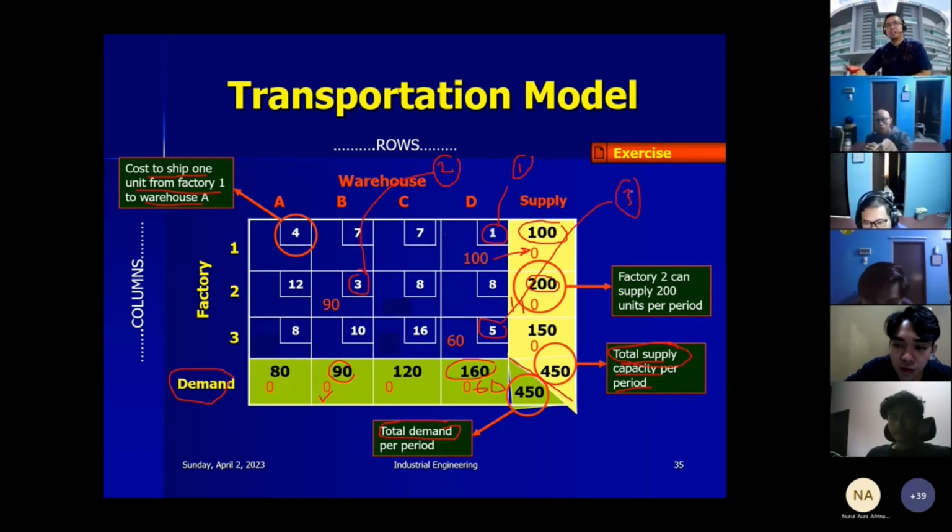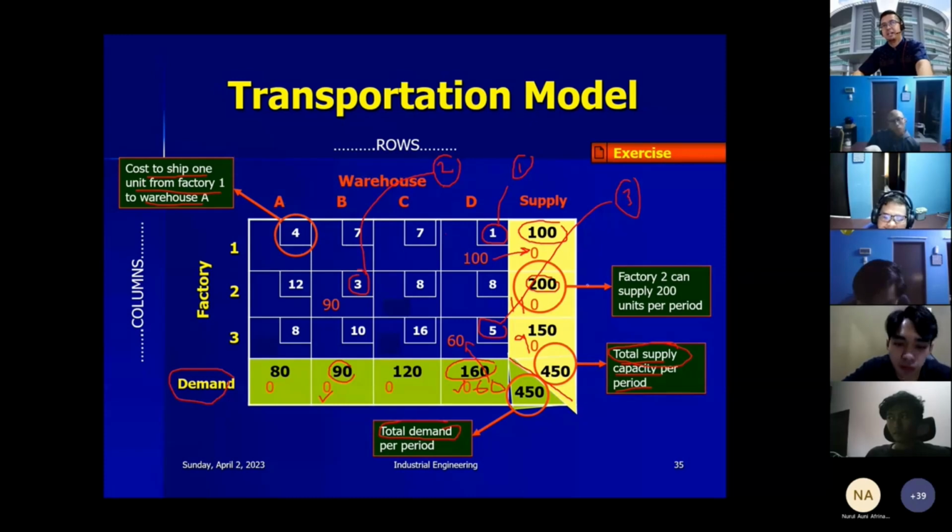So number 3. Look at the balance. What is the balance we have here? 60. So put 60 here. 60 minus 60, you will get 0. And 150 minus 60, what will you get? 90 balance here. And the fourth one, after 5, which one?